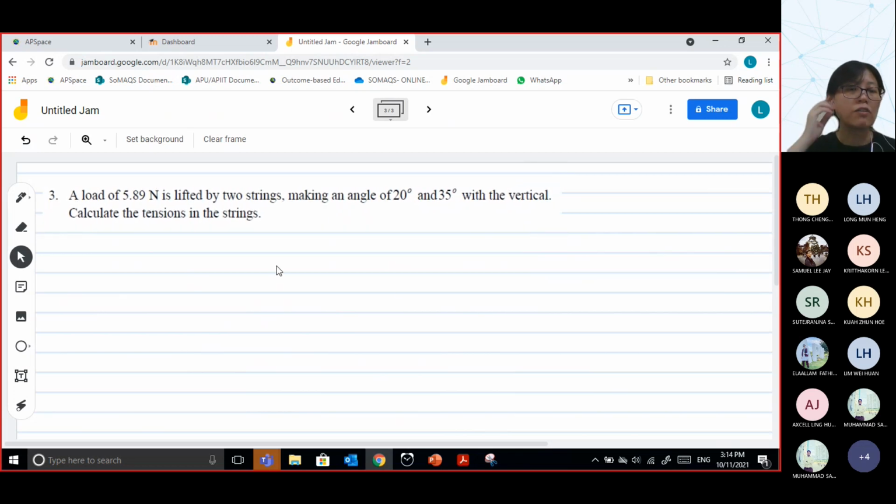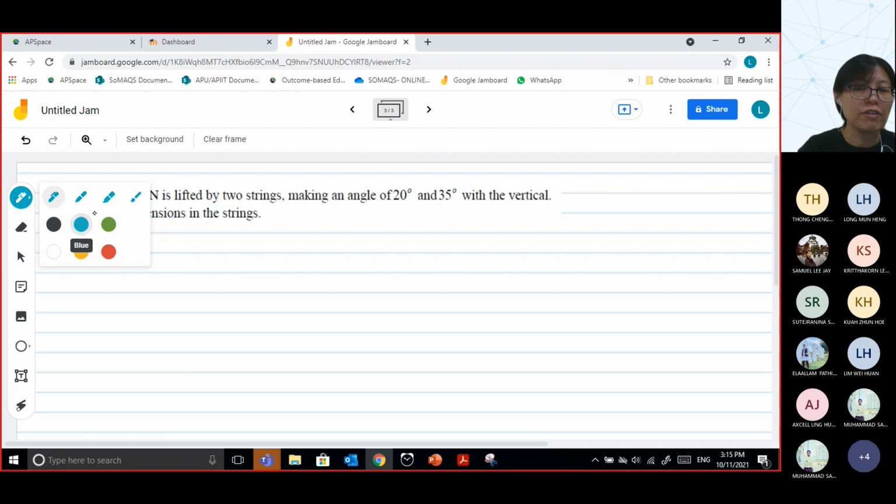A load of 5.89 Newton is lifted by 2 strings, making an angle of 20 degree and 35 degree with the vertical. When they give you the angle, you have to be careful whether they give you with the vertical or with the horizontal. Calculate the tensions in the string.